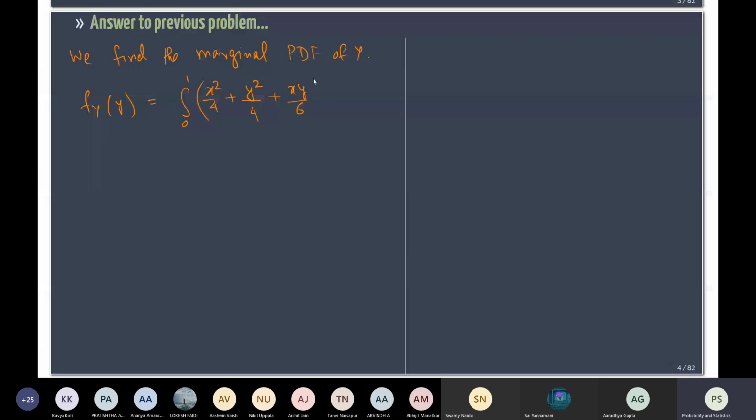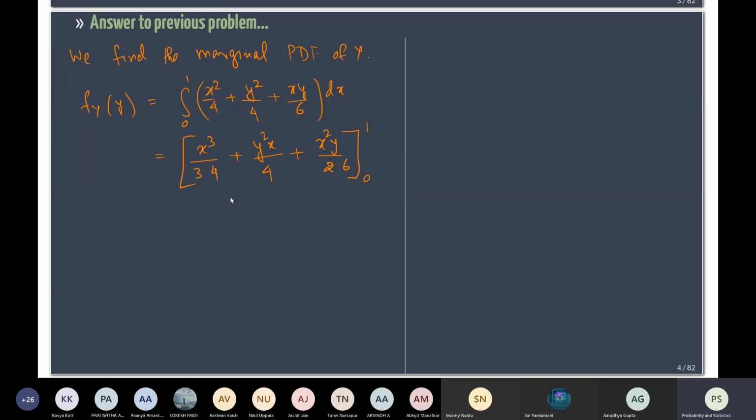Since I need the marginal with respect to y, I need to integrate out x. So the integration we have to do gives x cubed by 3 times 4, plus y squared x by 4, plus x squared y by 2 times 6, with the integration limits between 0 and 1.